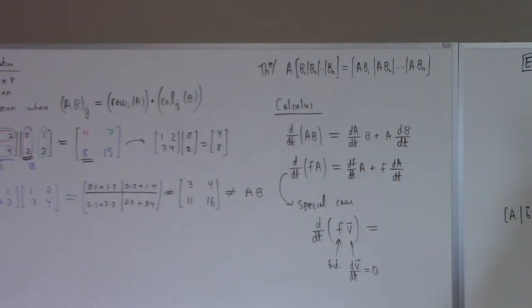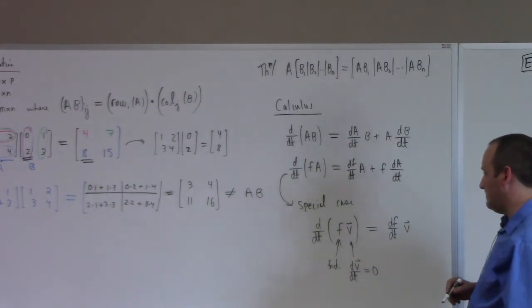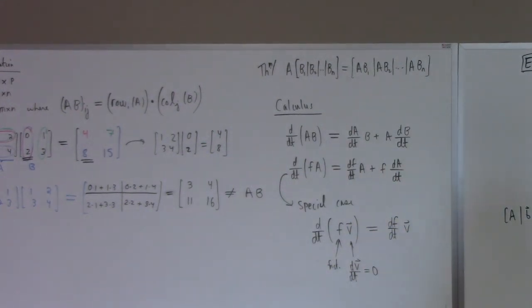So suppose you have a constant vector times a function of time. It's very simple. You just differentiate the function and you multiply by the vector. That special case is actually the one that's most important to us in our upcoming work on what are called eigenvectors. All right?